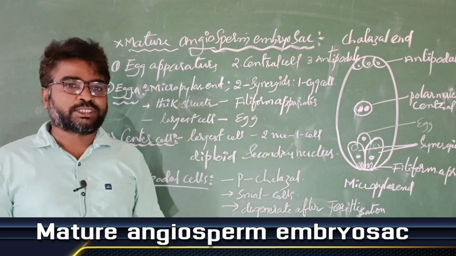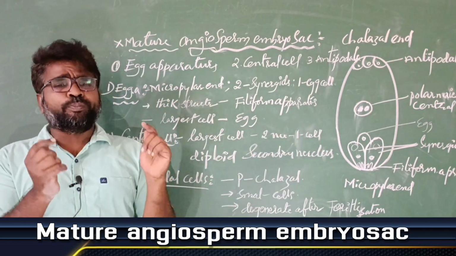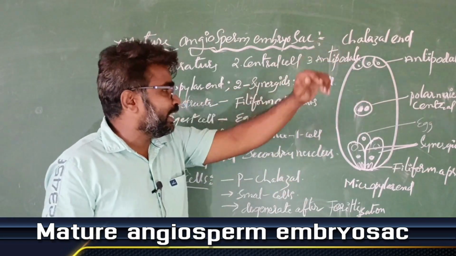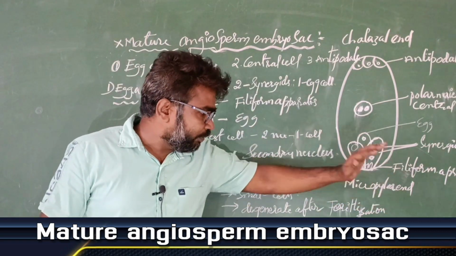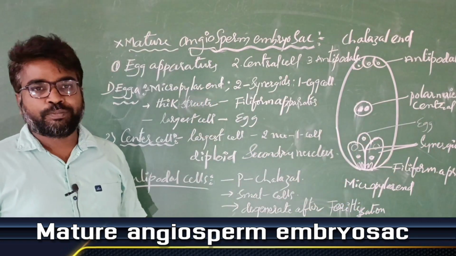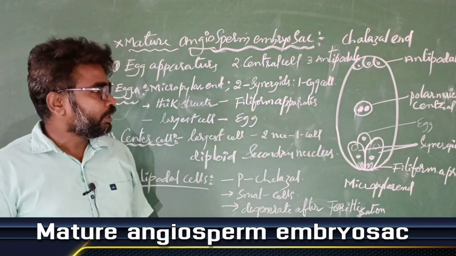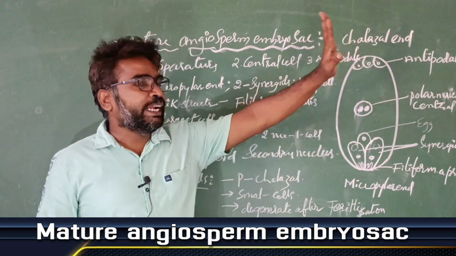In this embryo sac structure, we can find mainly two areas. Number one is the micropylar end and the second one is the chalazal end.